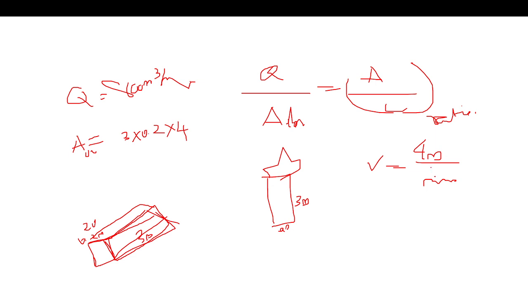If I know the total area, I can divide it with this. 12 into 0.2, 2.4. So 2.4 I have to divide with the total area. How to find the total area required?